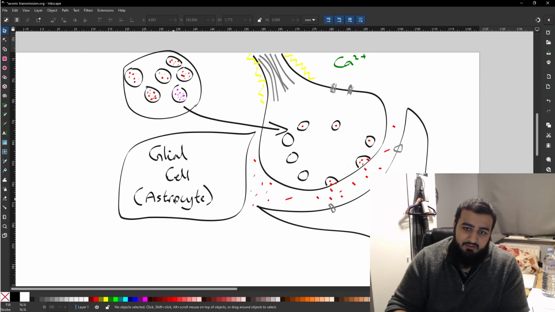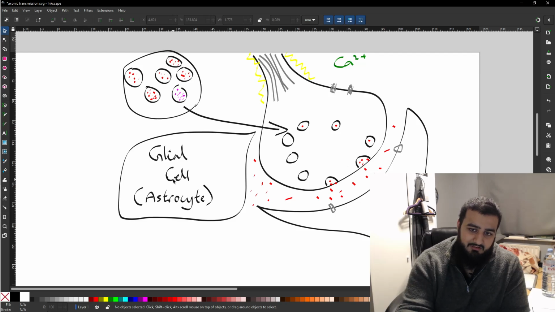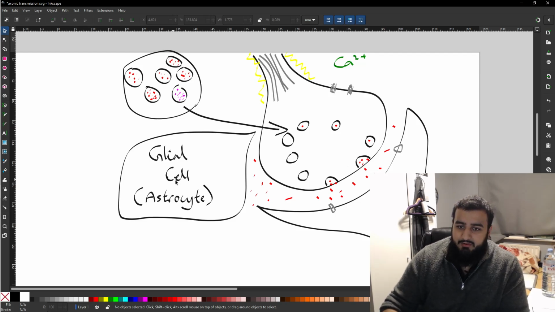This one is an astrocyte, which takes up the excess neurotransmitter and does processes with it to make it more efficient. For more information, the tripartite synapse is the concept you want to look at, but it gets somewhat specific with enzymes and stuff.